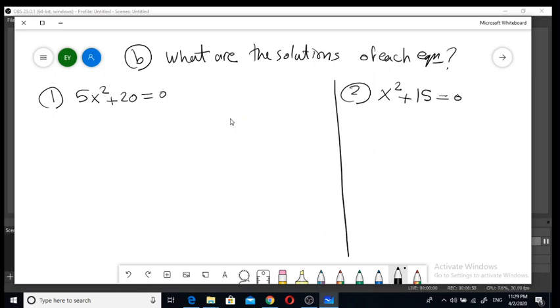So we are going to isolate x squared by adding negative 20 to each side. Then we have 5x squared equal to negative 20.